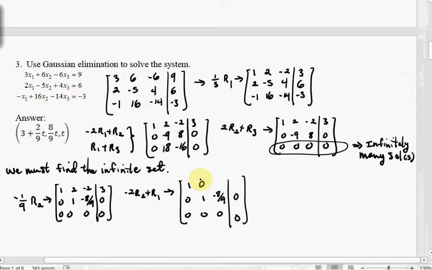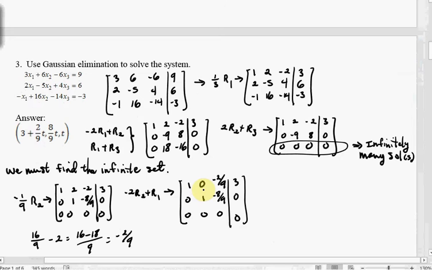So we say negative 2 times 8 over 9. So that's 16 over 9 minus this 2. So we get 16 minus 18 over 9. So it gives us negative 2 over 9. And then negative 2 times 0, 0, plus 3 is just 3.